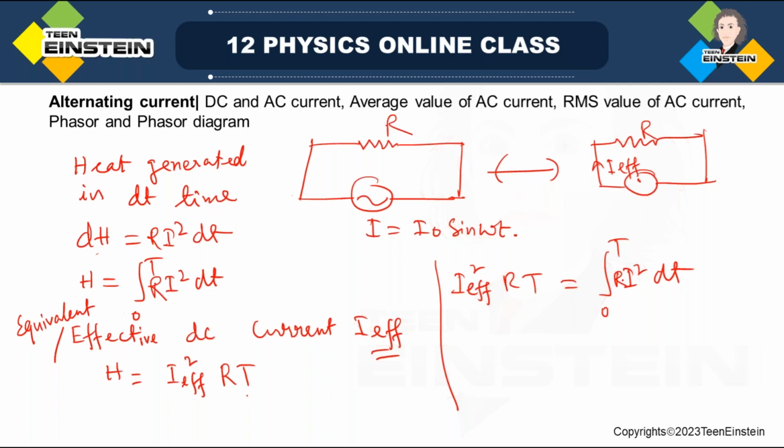R is a constant, the resistance of the resistor, not changing with time, so R goes off from both sides.